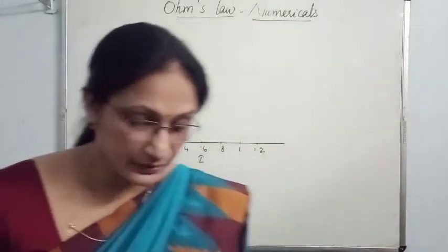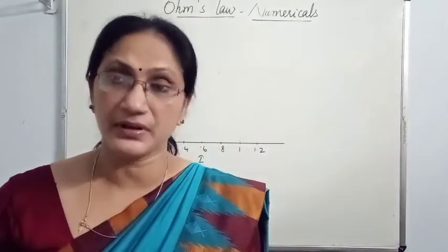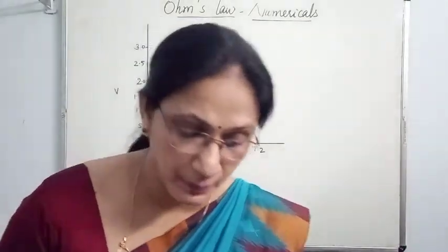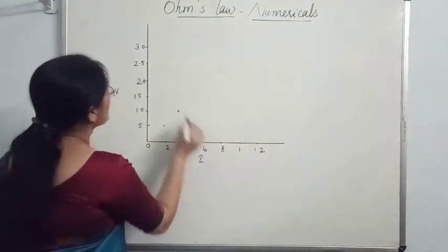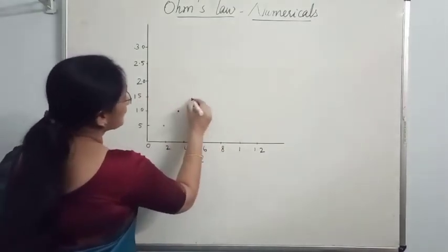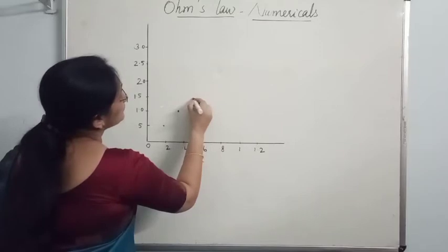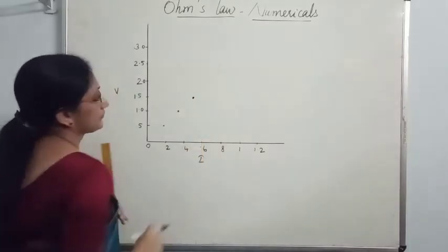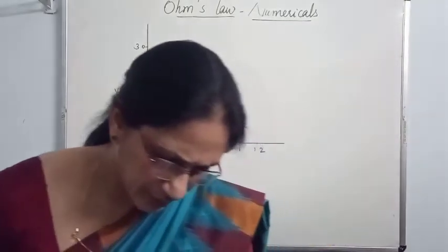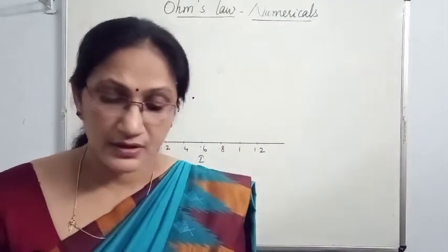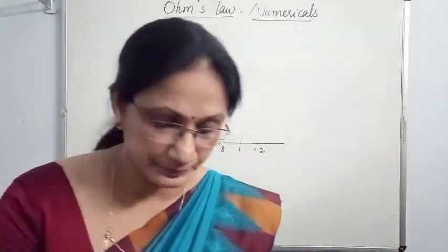Next, when the current is 0.6 ampere, potential difference is 1.5. Next, when current is 0.8, potential difference is 2.